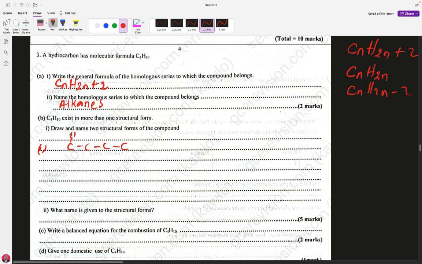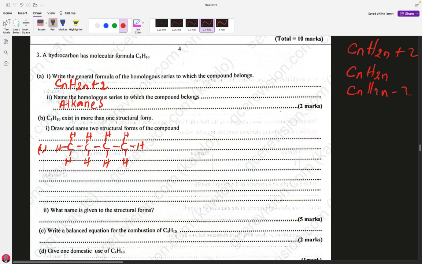Attach the hydrogens there. This is the hydrogen. That is normal butane.